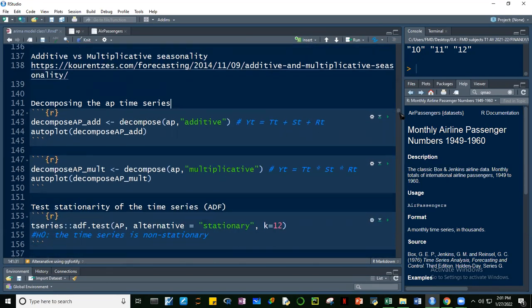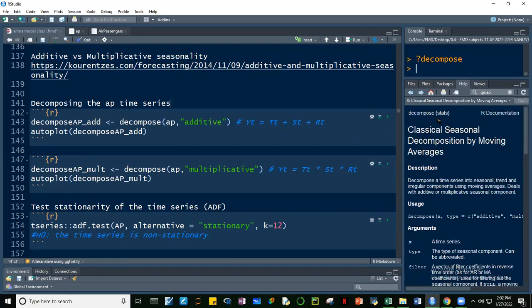Okay, now one thing good about, we can make use of the decompose function. Saan ba itong decompose function na to? Saan galing to? Check natin, decompose. Okay, so decompose function comes from stats to. No? So yung stats kasi, hindi na natin siya ini-install kasi it comes with R already.